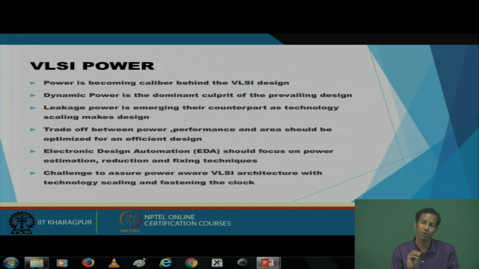But if we just put in some automated kind of things to reduce the power consumption of the circuit, that can only be done using this EDA tool.